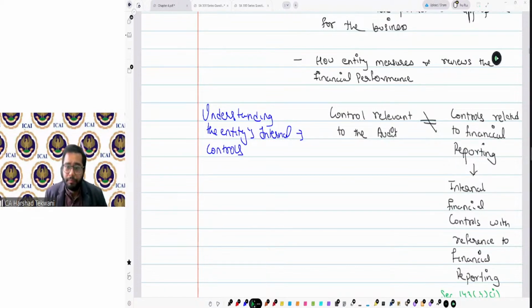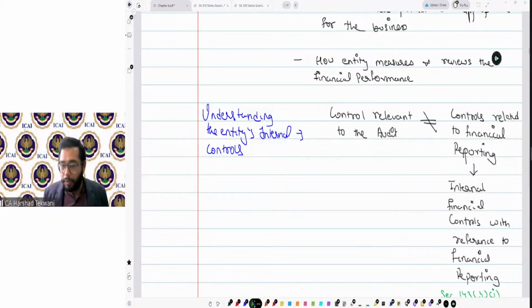Very good, Tanisha. No, Amit. Actually, even when I'm reporting on the IFC, internal financial controls, or controls on the financial reporting side, when I am performing an audit, I should not restrict myself to the controls only relevant to the financial reporting.